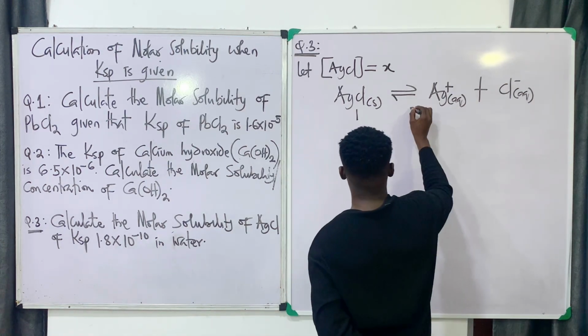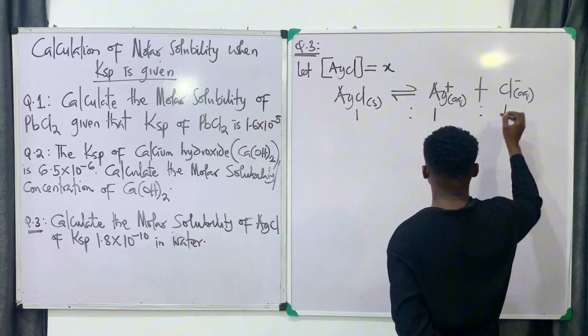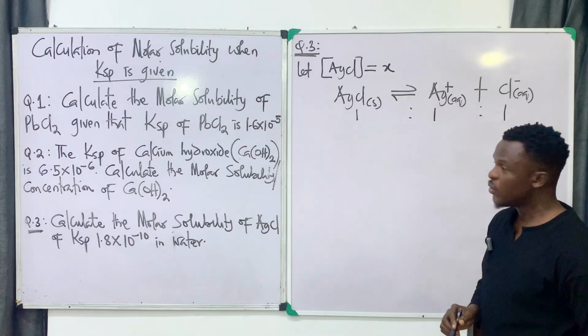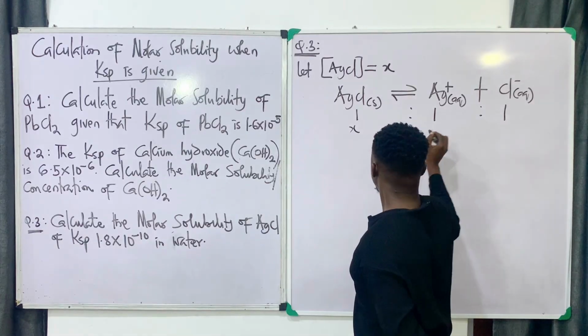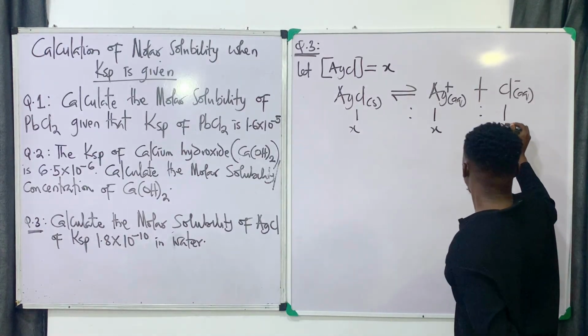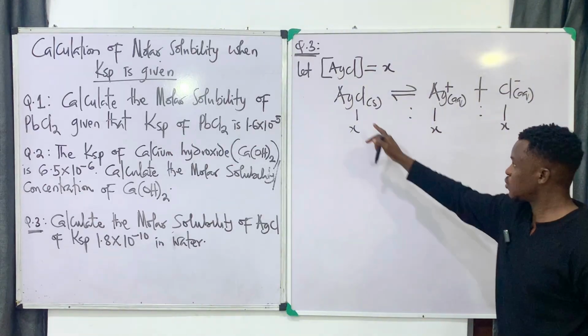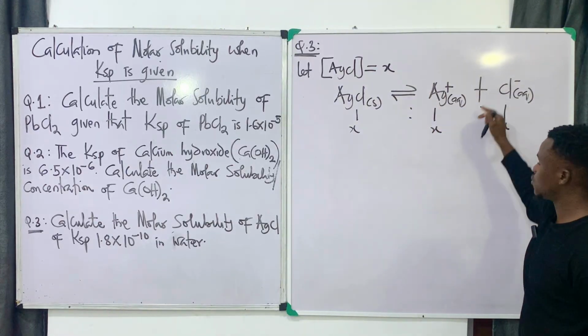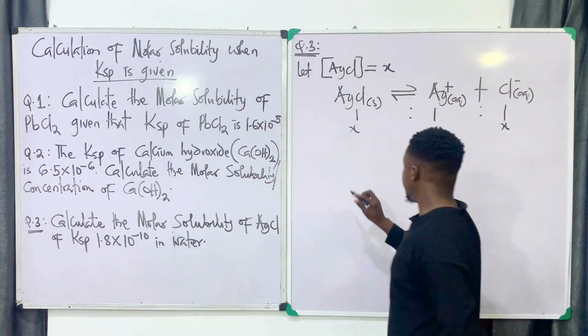Now this is 1:1:1, which means if here is X, here will be X, and here will be X, because their coefficient is 1:1.